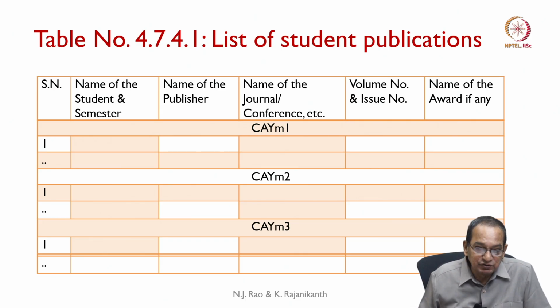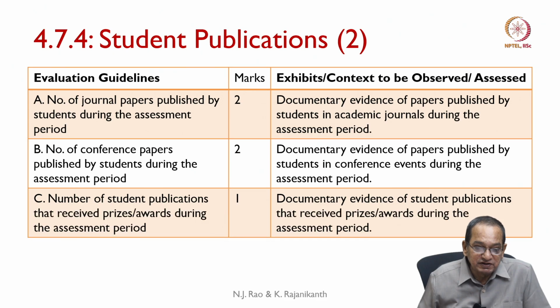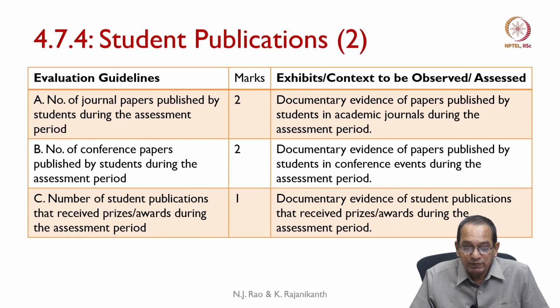That is how you must look at this. The evaluation again is the number of journal papers published, conference papers published, and students who have won any award. Publishing itself is an extremely laudable activity, but if the students have received prizes or awards, it is still greater. So have evidence of all these things available.